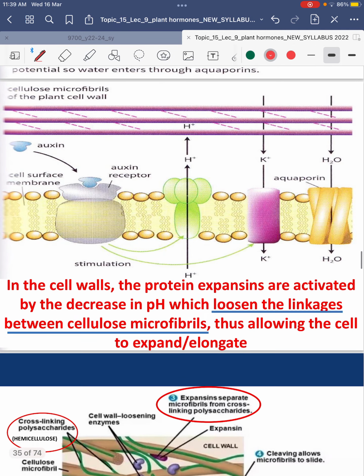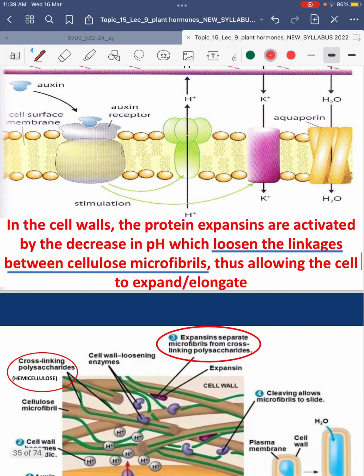Now let's talk more about the protein expansion in the cell walls. This is important because it is mentioned in your textbook. The protein expansions are activated by the decrease in pH.